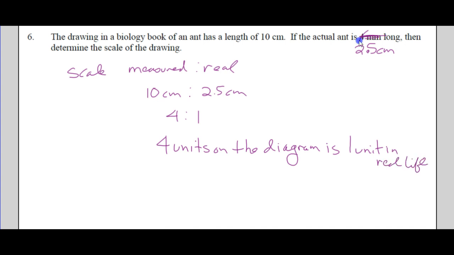Scale factor is generally expressed without units. Okay, so we say 4 to 1. For what? Well, 4 millimeters on the diagram is 1 millimeter in real life. 4 centimeters on the diagram is 1 centimeter in real life. Okay. So if we take the units out, then it's just 4 units to 1 unit.